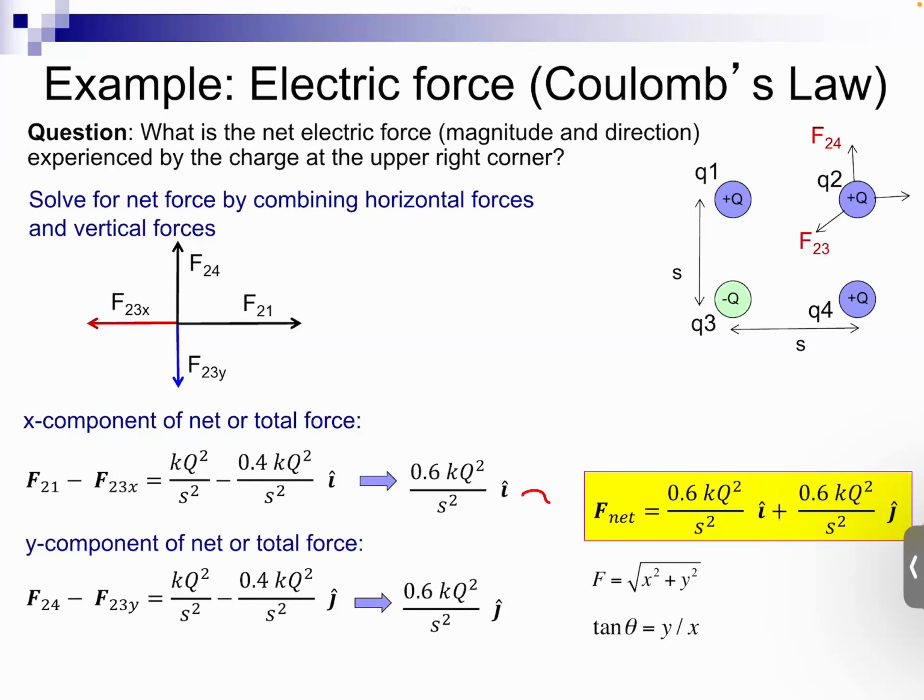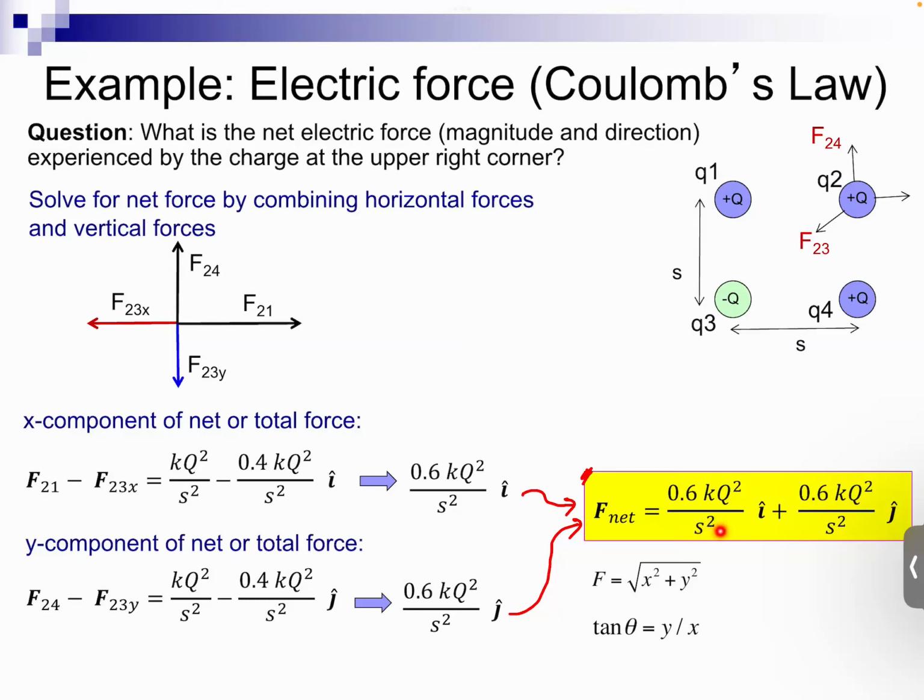So then you have both the net force along the x-axis and the net force along the y-axis. That gives you now the net force experienced by charge Q2. It has x components and y components, and you can stop here as your final answer.